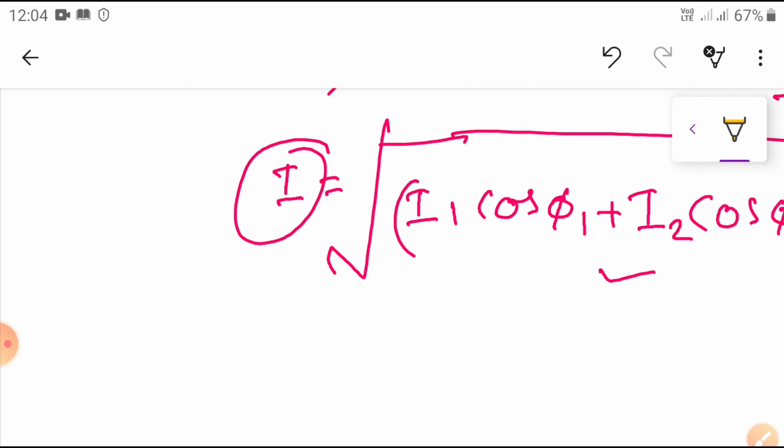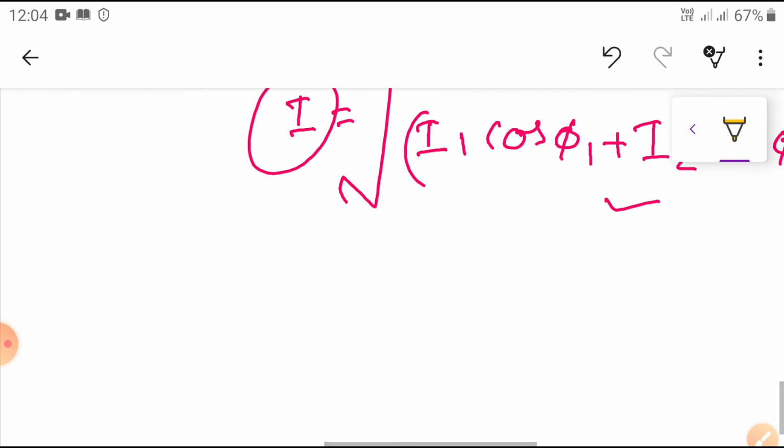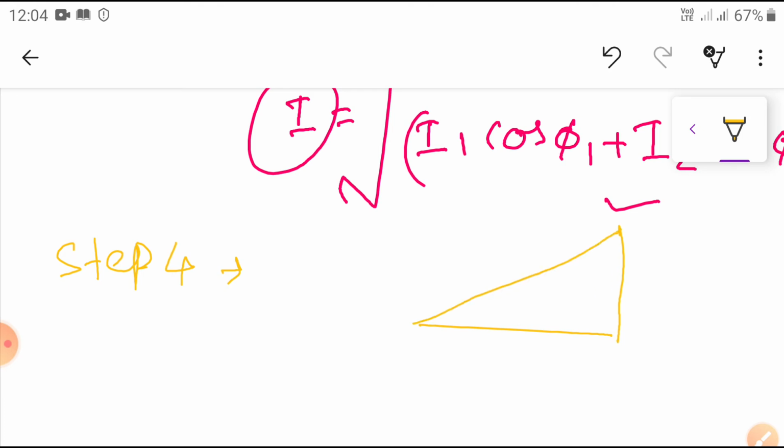Now in the fourth step I am going to calculate the angle and tan theta. This is the x component, this is the y component, this is the total current: Ixx, Iyy, and this is the total phi.